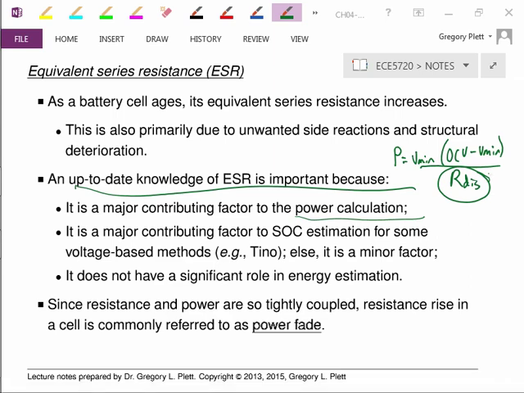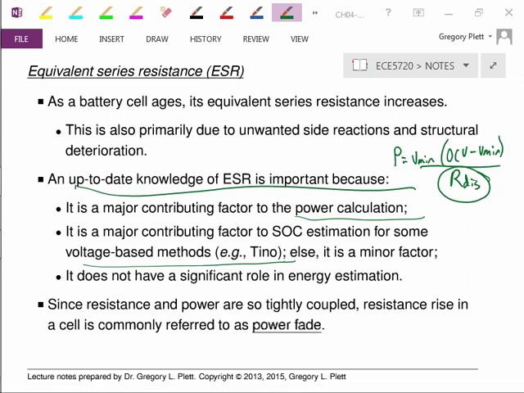Knowing the resistance would be an important contributing factor if I'm doing SOC estimation using some voltage-based methods like the Tino method. Remember that we had an IR correction in that method. Otherwise, it's not such a major factor.